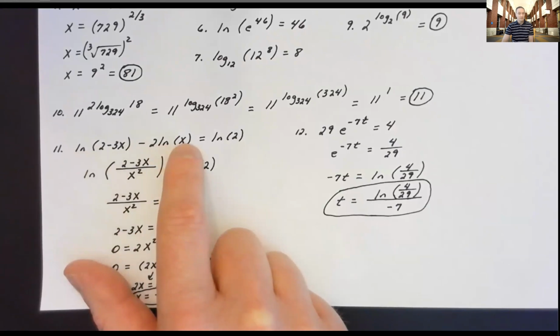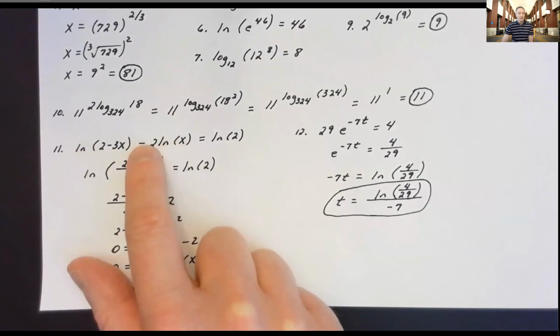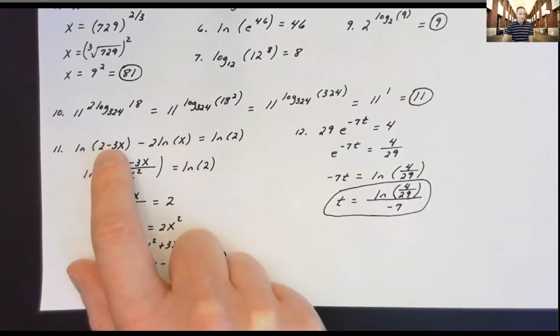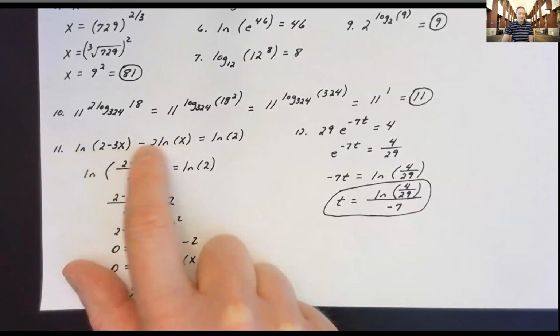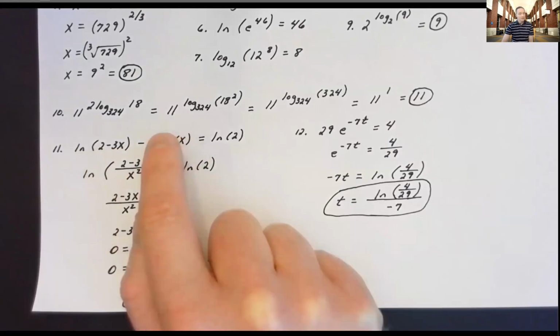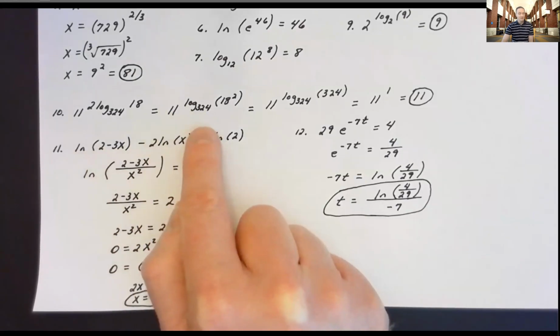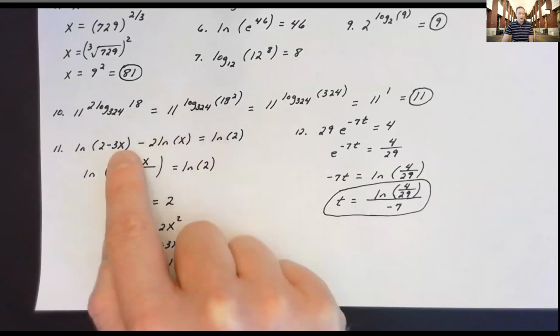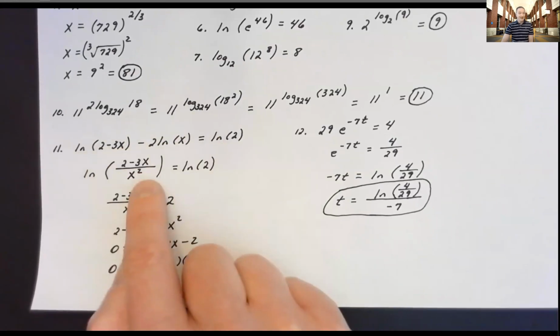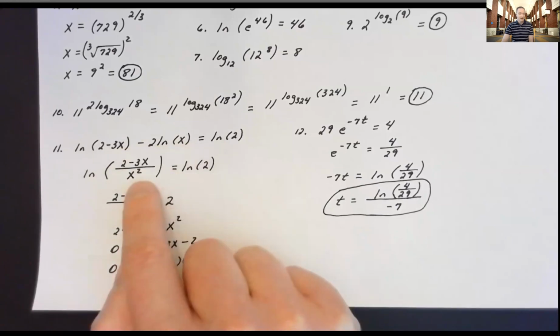First of all, you're supposed to remember anytime you subtract, the term with the positive log goes in the numerator, the minus goes in the denominator. You're going to divide by whatever you subtract. But then you can also remember here that 2 coefficient needs to be brought up as an exponent on that x. So this becomes the natural log of 2 minus 3x divided by x to the second power.